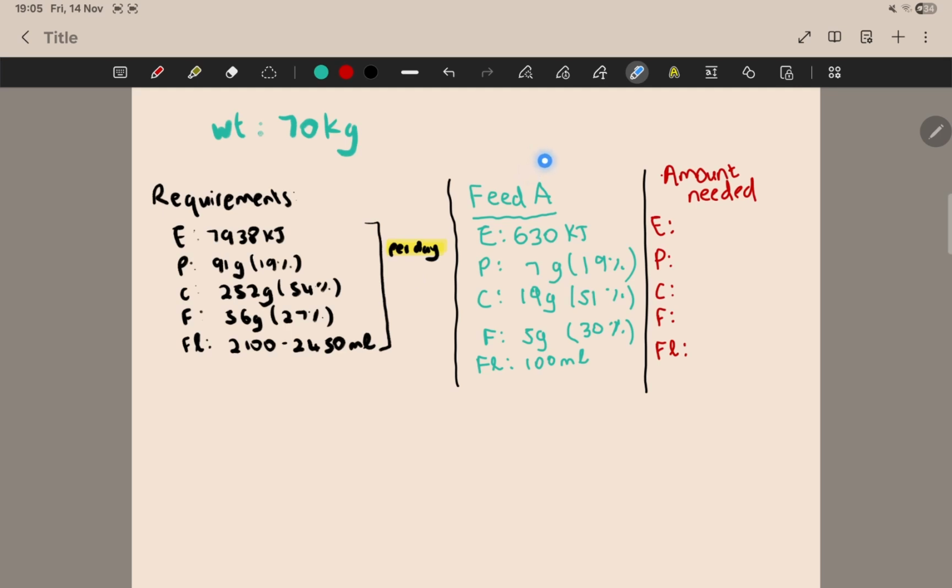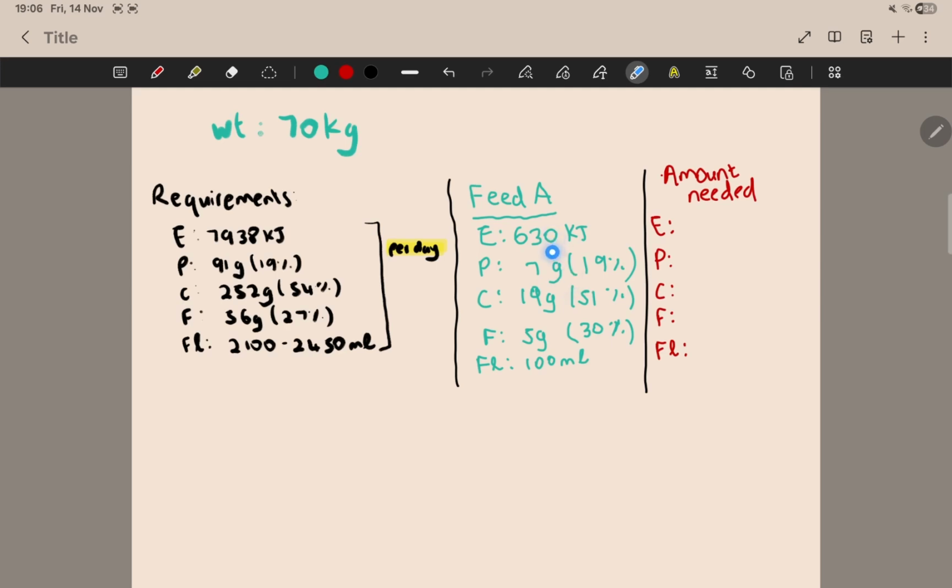Then I've given you a hypothetical feed A with the energy, protein, carbs, fats, and fluids. And these values are per 100 ml. Okay, so that's why by the fluid I said per 100 ml. So for example, there is 7 grams of protein per 100 ml of this feed.